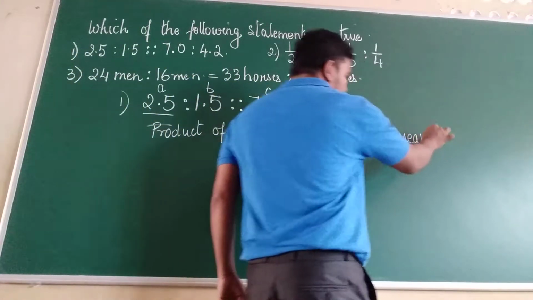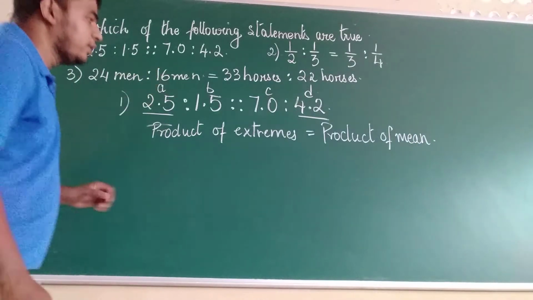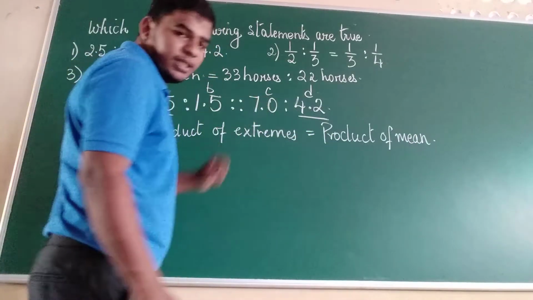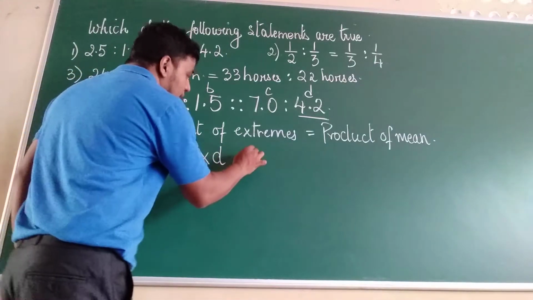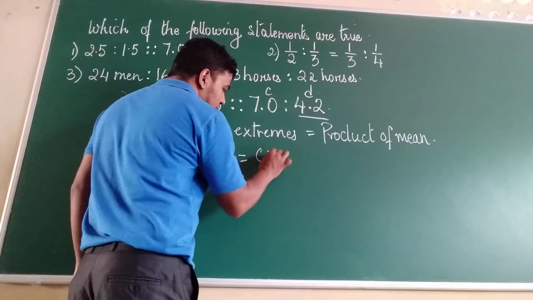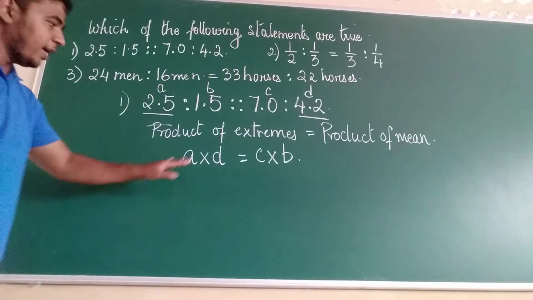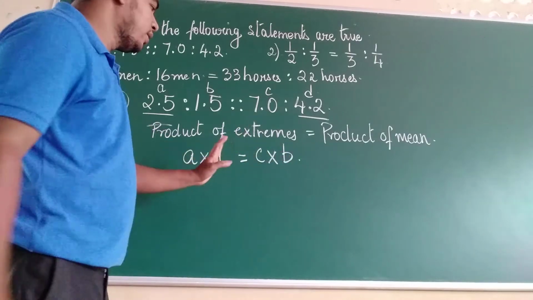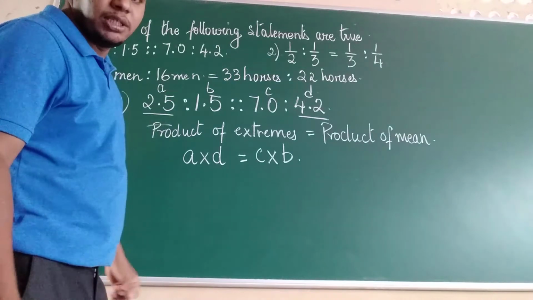Mean. Okay. Now we know the extreme terms are A and D. The mean terms are B and C. So A multiplied by D is equal to C multiplied by B. If you get this equal to each other, then we will say that they are in proportion and the statement given is true.